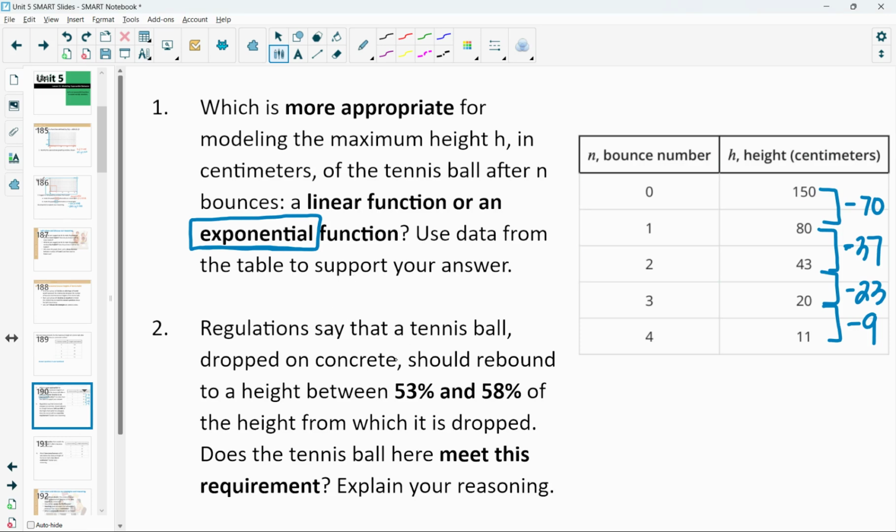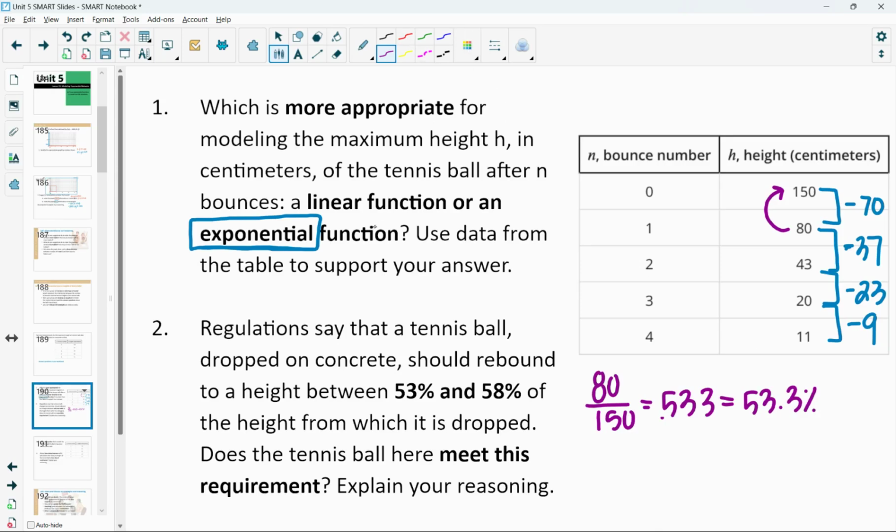So to find the percent that it changed, you would take the new bounce divided by the one right before it. So if we look at 80 divided by 150, this is going to tell us our percent of decrease. And so 80 divided by 150 gives us 0.533, which is really 53.3%.